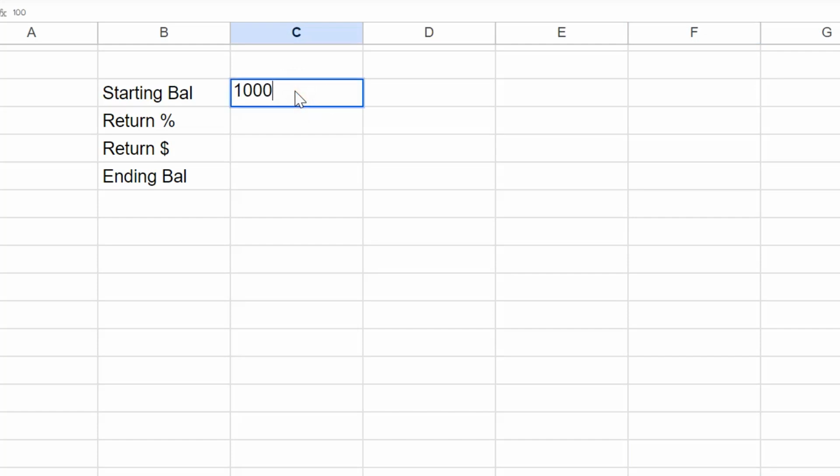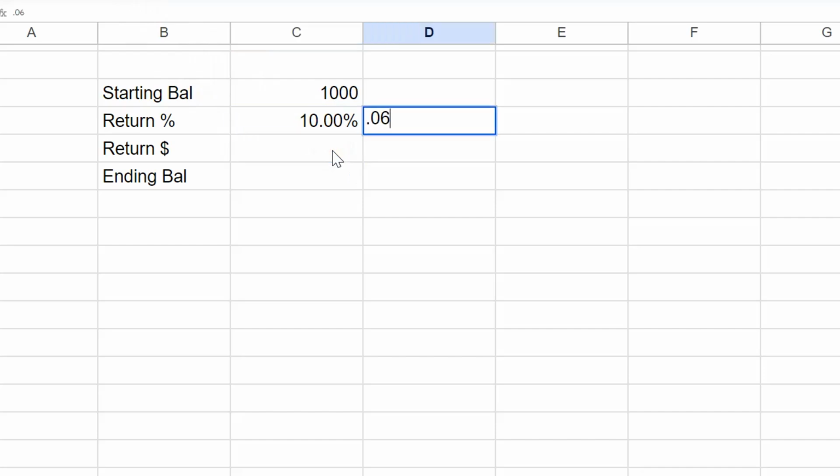To show you how to do some of this math, you could take that $1,000, you have a 10% return. And by the way, returns or percentages are often done as decimals. You can convert it to a percent. But if you wanted to do 6%, for example, you'd do 0.06, and that is the equivalent of 6%.